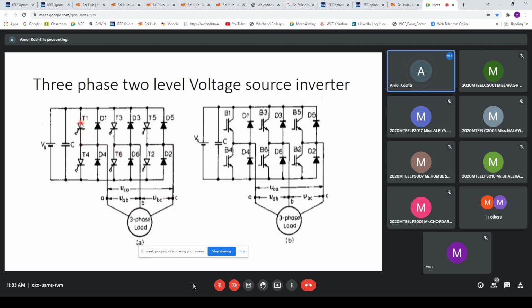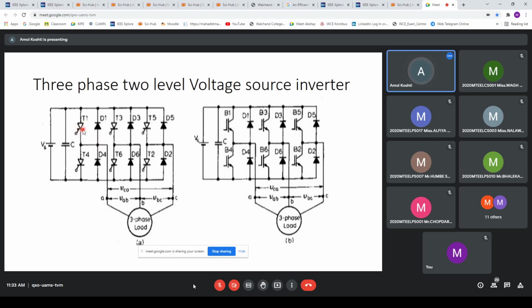We can use any switches. We know there are different types of switches. We can use transistors here also. Our study was based on the SCR type because SCR was new to you in the power system syllabus in the BTech, so we have studied the entire power electronics through SCR.